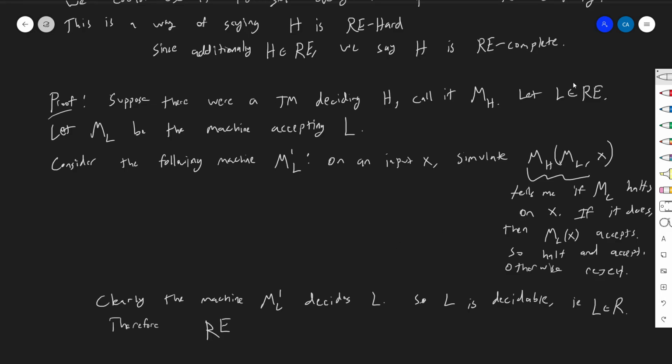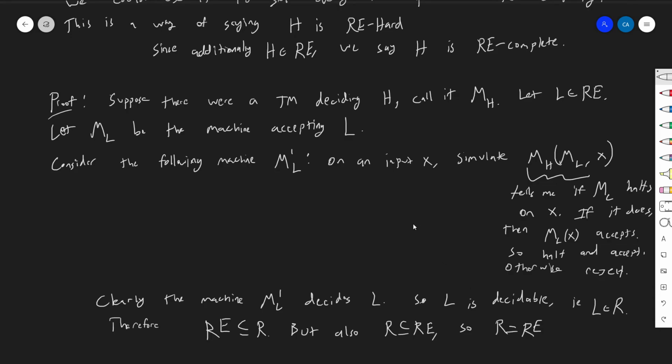We've shown that if L is in RE, then L is in R. And so RE is a subset of R. But also R is a subset of RE. So R equals RE. If A is a subset of B and B is a subset of A, then A and B are equal.